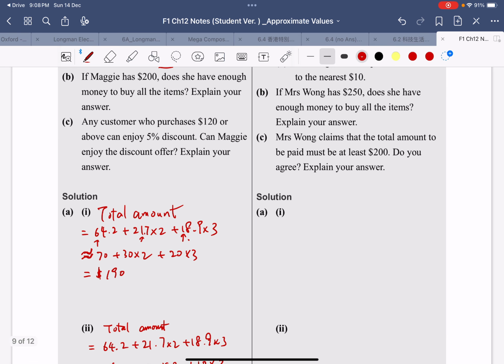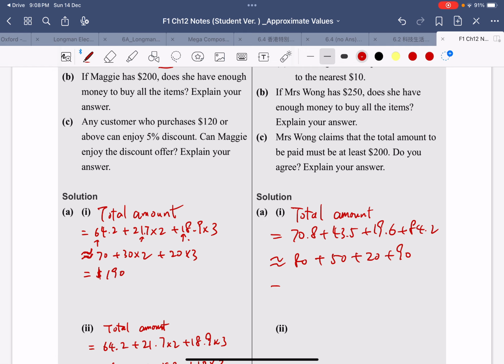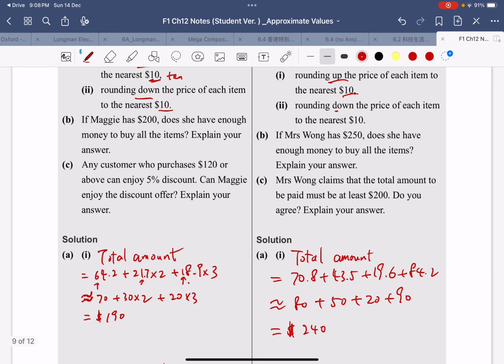Total amount equals, adding up all the numbers, approximately equal to, round up to 10, and then equal to, and then you're going to round down to the nearest 10.